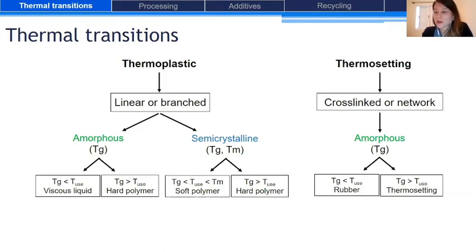In the case of thermosets or resins, we have a material with a high density of cross-linking, which is rigid, and so the TG of this material is very high. So the temperature of use of resins is below their TG.